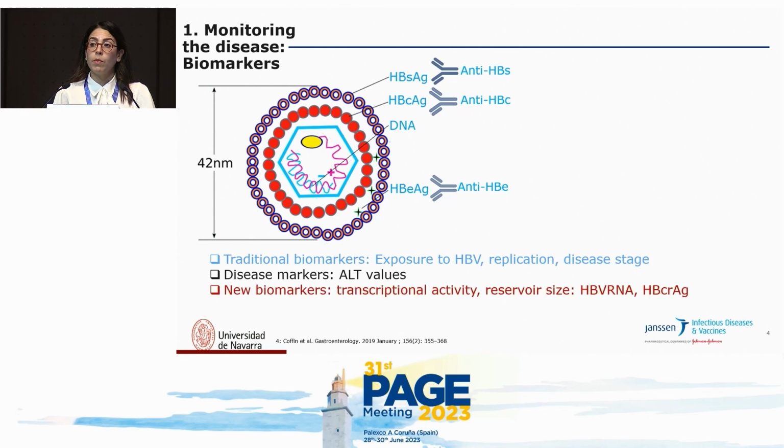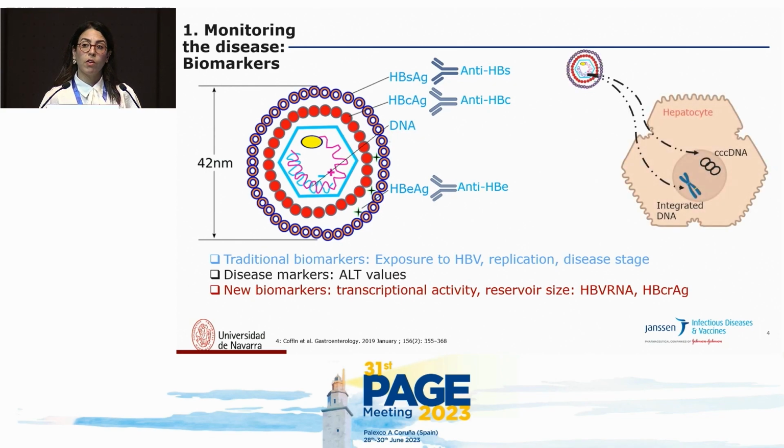New biomarkers have emerged in the last years to account for transcriptional activity and reservoir size, which are the RNA loads in serum and the core-related antigen, given the different conformations that the viral genetic material may adopt after infecting the hepatocyte.